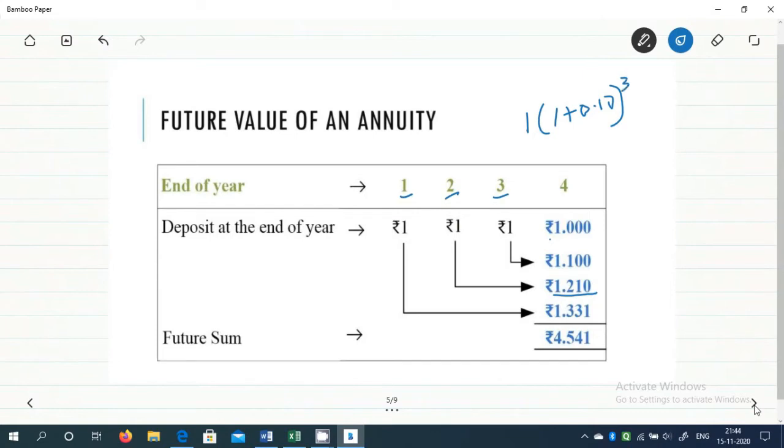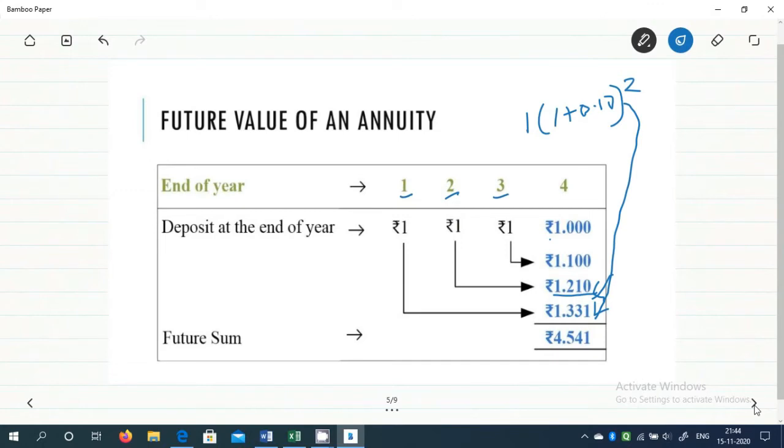Suppose I am writing here, this one is for 2 years, and at that point of time it will give the value. For 1 year it will become 1. On that basis, the future sum is calculated by adding up all these values of the 4th year.